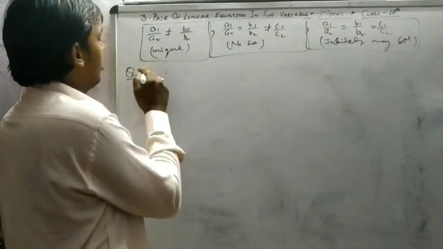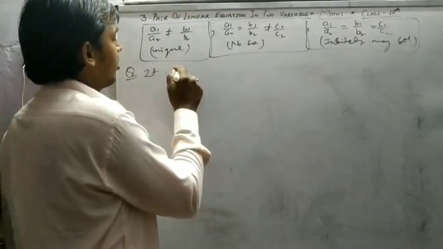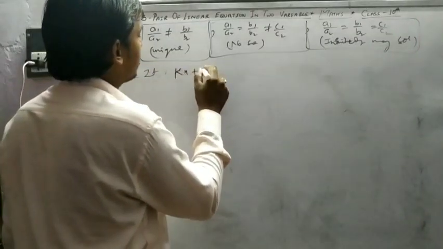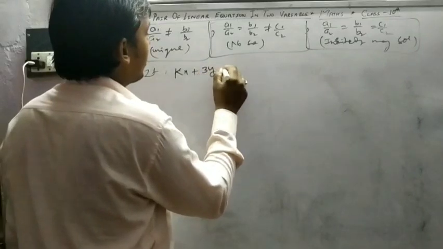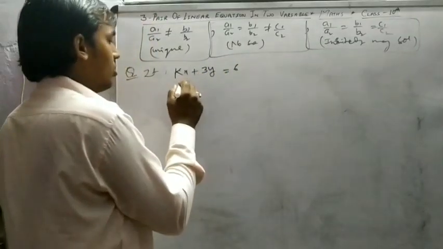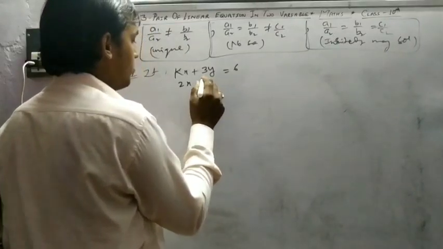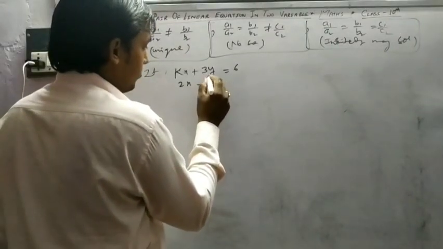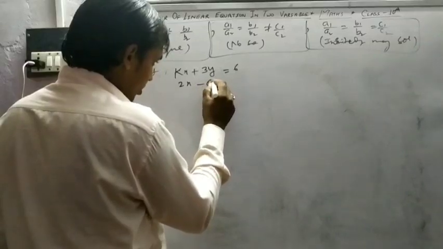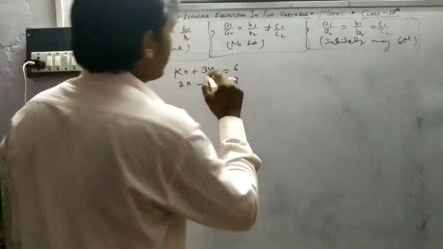If kx plus 3y is equal to 6, 2x minus 6y is equal to 8.